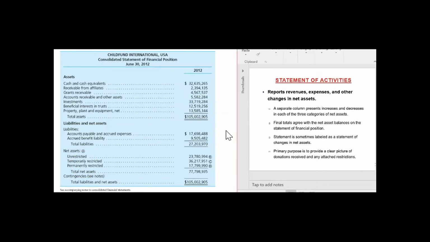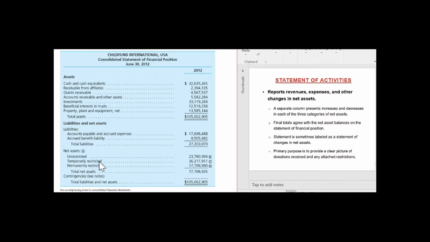For a for-profit organization, we report all of our revenues and expenses, and the difference we call net income, and we show that net income on our statement of retained earnings, and a part we may give as a dividend, and then that is reflected under our stockholders' equity part. I'm talking about a for-profit business, and we have some other items like paid-in capital and of course retained earnings. So basically that part reflects the difference between revenues and expenses.